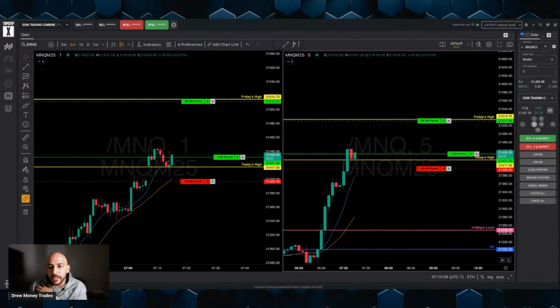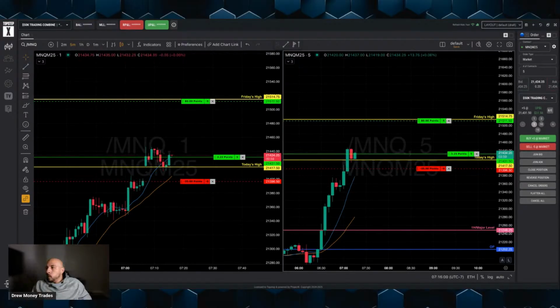The big four, all of them are green, which is good. Now it's holding above my entry. I want buyers to step up strong now. There we go. And I needed it to pump here hard. There we go. All right, so that was good.